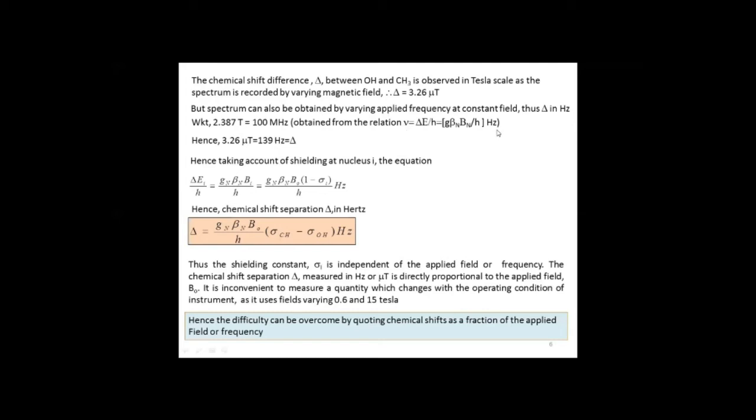Then nu will be obtained in terms of hertz. So we could correlate 3.26 microtesla with hertz, that is 149 hertz.